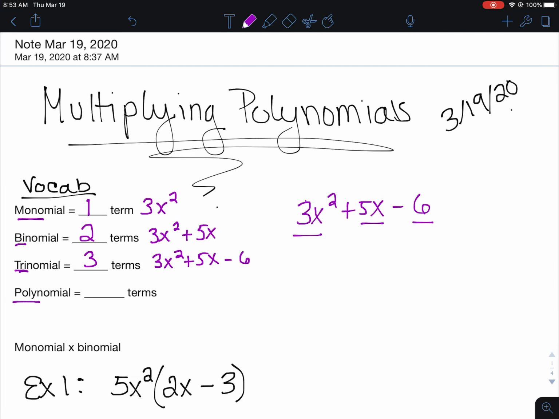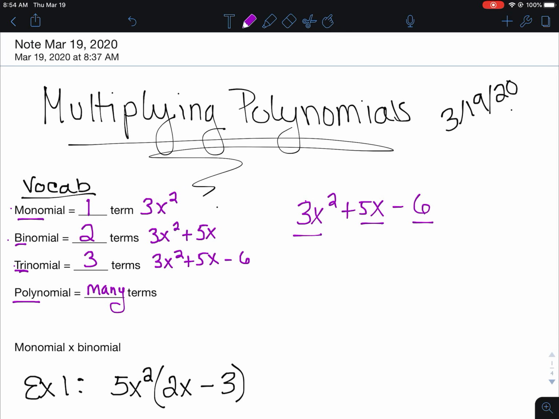And a polynomial is something that has many terms. So you usually use that to describe something that has 4 or more terms, but also a monomial, a binomial, and a trinomial all fall under the category of polynomials. So the general term is polynomial, but if we want to get more specific, monomial, binomial, and trinomial are 3 words we can use to do that.